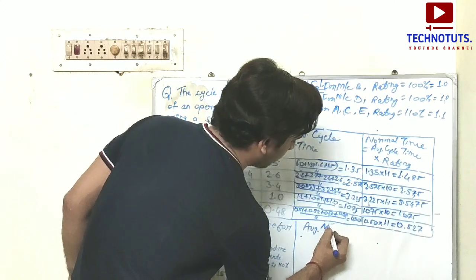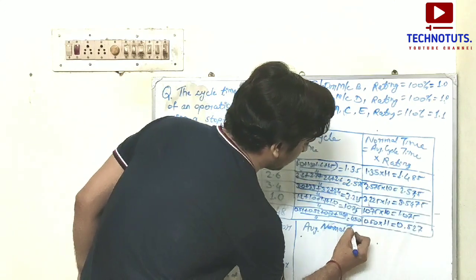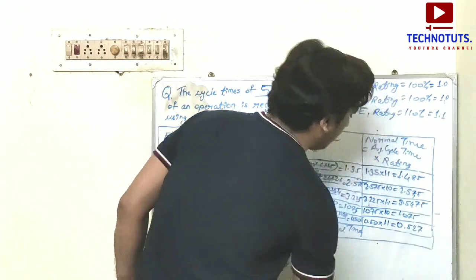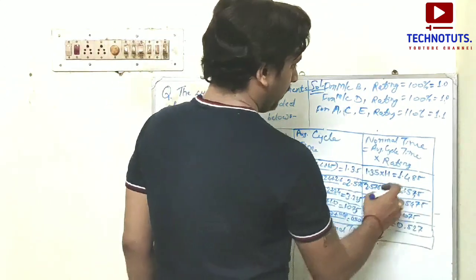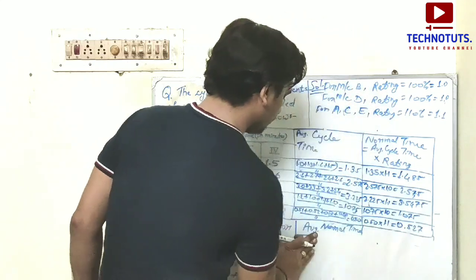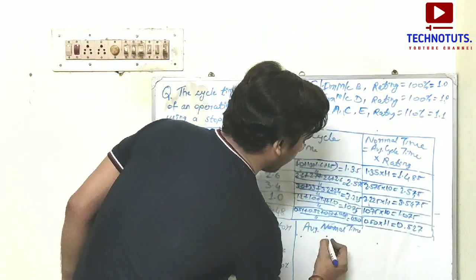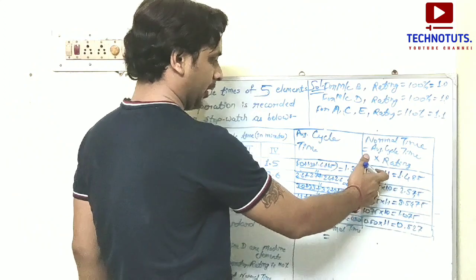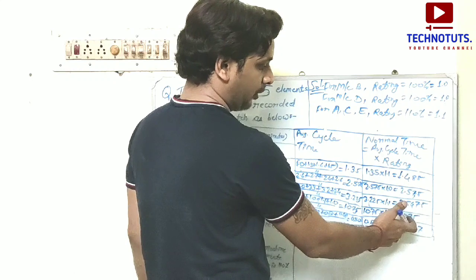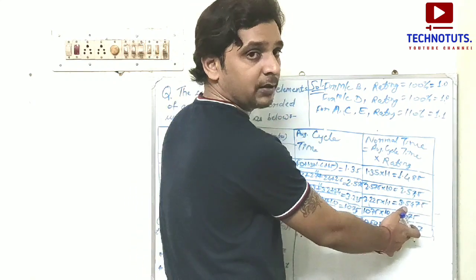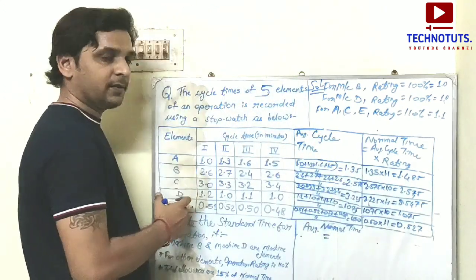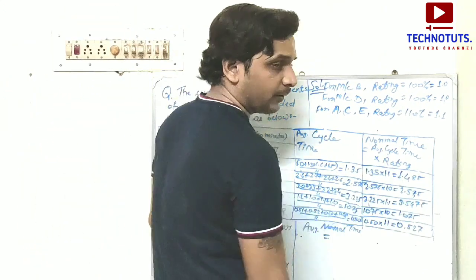So let us calculate the average normal time. The average normal time will be the normal time of element A, normal time of element B, normal time of element C, normal time of element D, normal time of element E, the summation of all these normal times divided by the number of elements, 5.